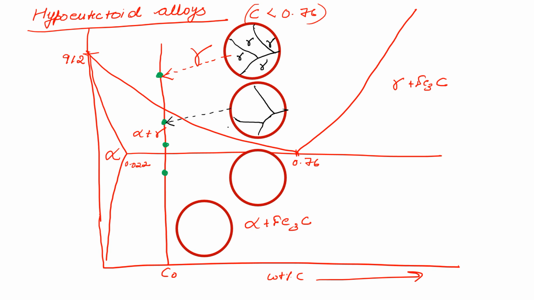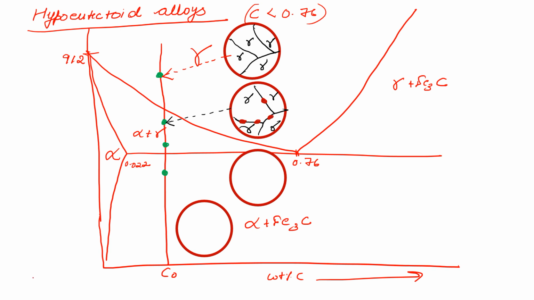Okay, so this is gamma by the way, and we'll be having small precipitates of alpha ferrite which has just started to form. This will be forming along the grain boundaries like this.